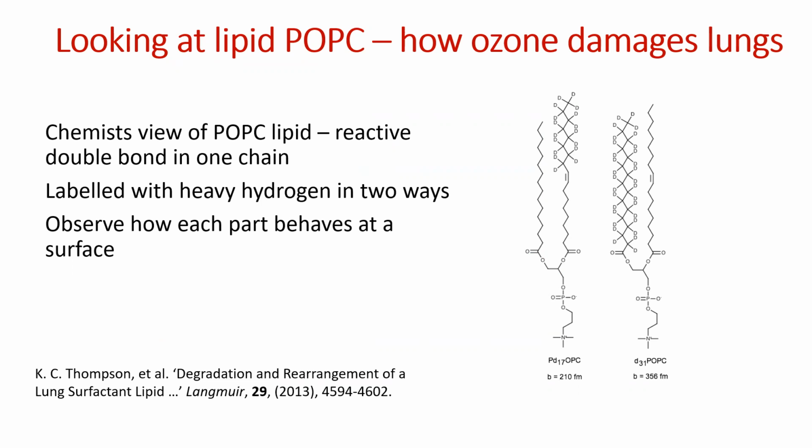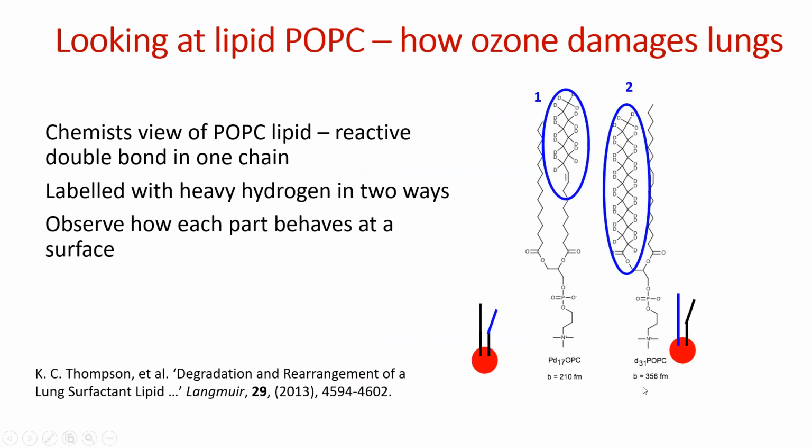This has got a polar head group, a phosphocholine head group, and we have two hydrocarbon tails, but they're different, and there is a carbon-carbon double bond in one of the tails, and this double bond has several consequences.